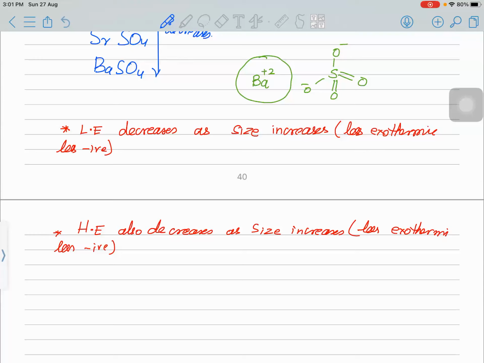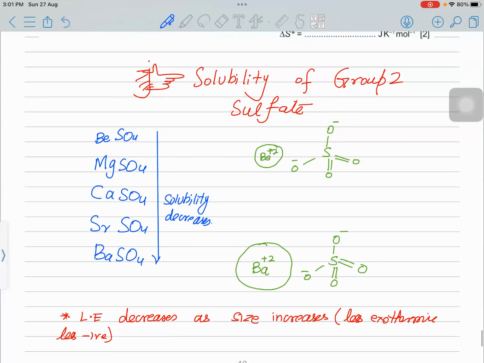Yes, sir. Okay. So now my question is that both release energy, right? You told me that hydration energy decreases more, right? Hydration energy is less exothermic. Let's suppose lattice energy is 500 kilojoule per mole, assumed value. Here lattice energy is 250 kilojoule per mole.